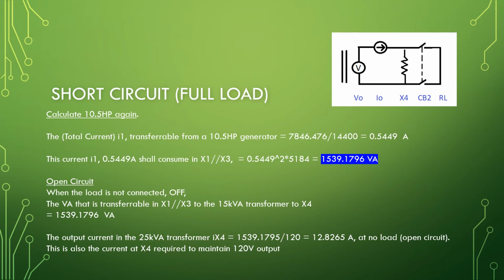The output current in the 25 kVA transformer IX4 equals 1,539.1795 divided by 120 equal to 12.8265 ampere at open circuit. This is also the current at X4 required to maintain 120 volt output.